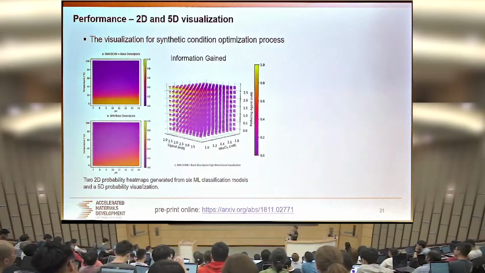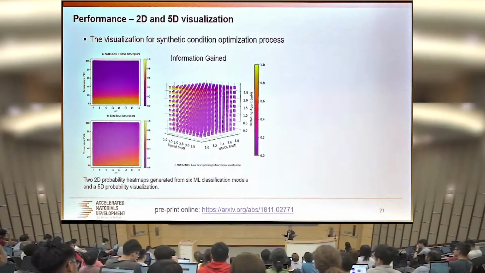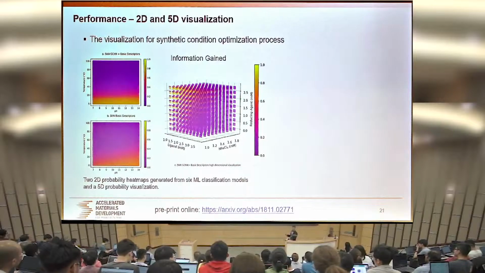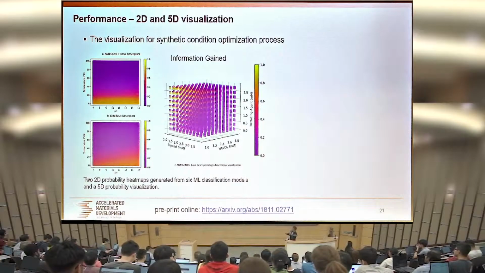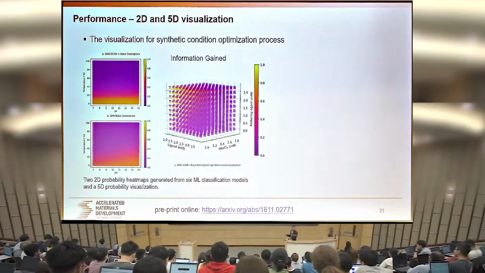As temperature increases, it predicts that the probability of successful synthesis will be lower, and it will eventually go to 0 after some temperature. It's 50 degrees Celsius here. It actually matches well to the chemists' and material scientists' understanding. As the temperature increases, the gold nanocluster may dissociate at a certain temperature.